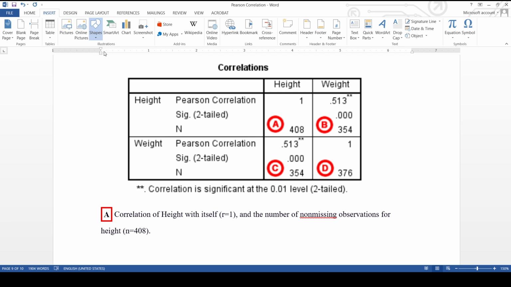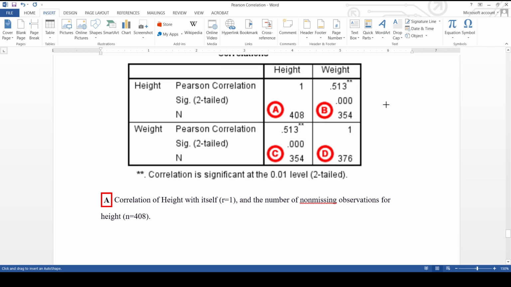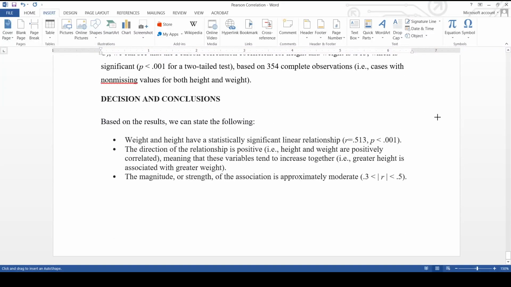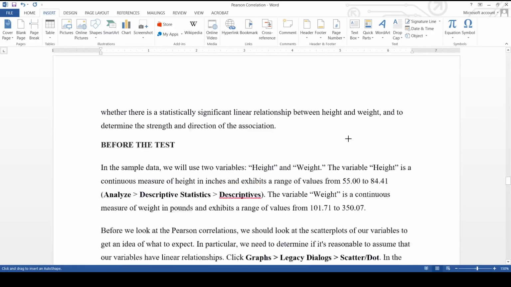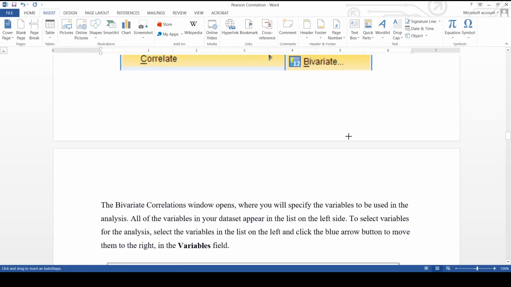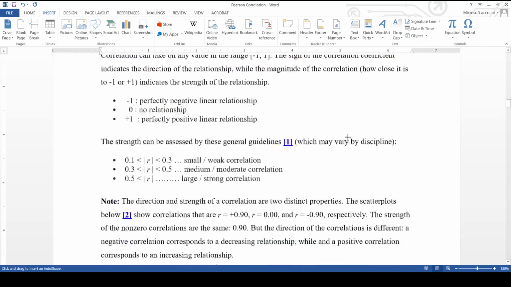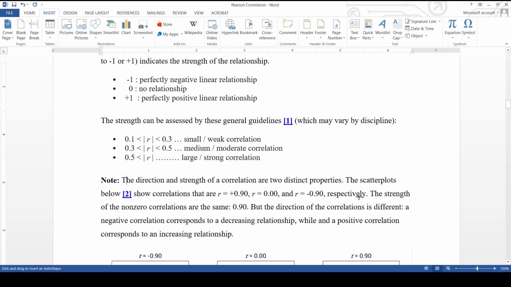If you go back to the page we just left, that shows how you describe the strength, or magnitude. 0.1 to 0.3 is a small or weak correlation. If it is between 0.3 and 0.5, it is a medium or moderate correlation.